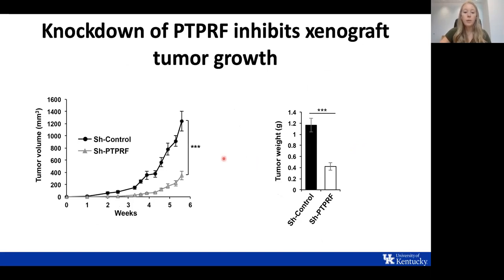And so finally, we moved into an in vivo tumor xenograft model to assess PTPRF's role on colon cancer growth. Using PTPRF knockdown cells, we allowed the tumors to grow over 6 weeks and saw that they grew significantly less. This was also quantitated by tumor weight, showing that they were significantly smaller.